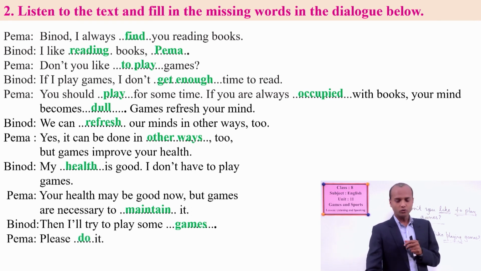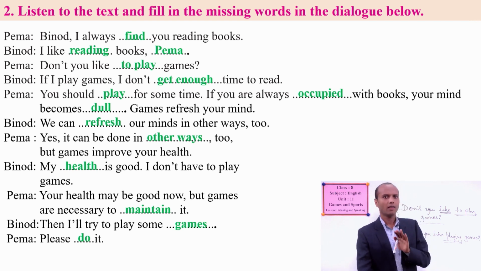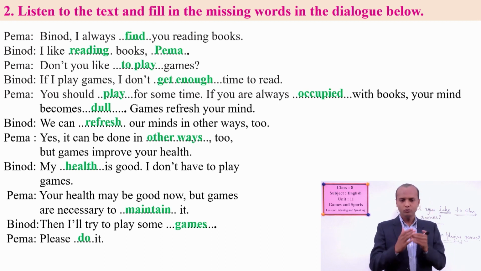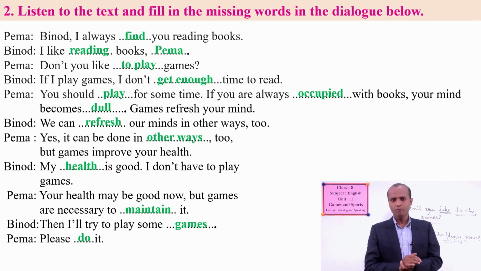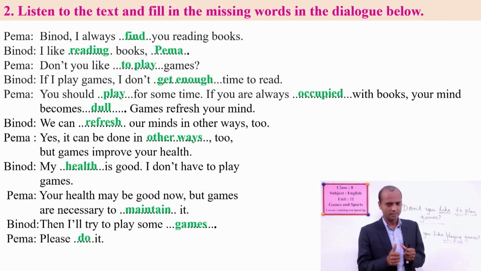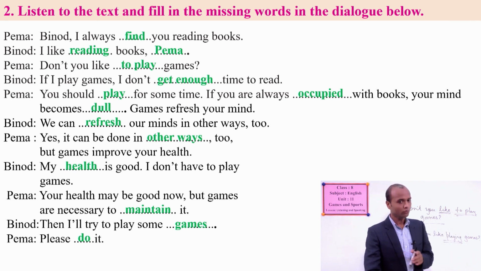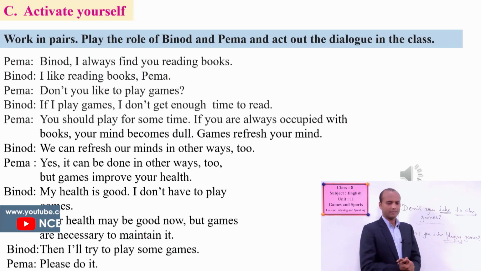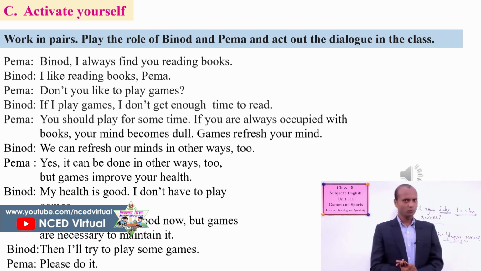Okay, so these are the activities that you have to do or had to do while listening, and we together did it, didn't we? Now there is one activity left for you to do. Now in the third activity, activate yourself.